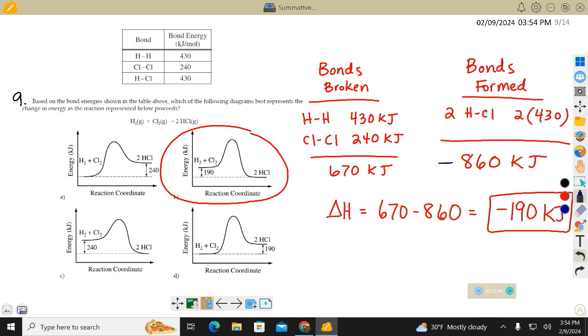So I want to make that one exothermic or negative. Endothermic to break the bonds, exothermic when bonds are formed. So I can see that it's going to be exothermic. So my product should be at a lower energy level than the reactants. The difference should be 190 kilojoules. So something like B, where my products are lower by a net release of 190 kilojoules.